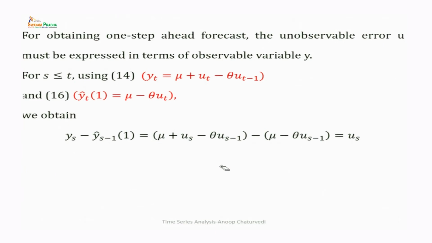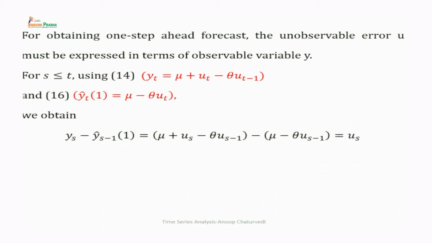Now, for obtaining the one step ahead forecast, the unobservable error u must be expressed in terms of the observable variable y, because in the MA(1) process you have expressed the forecasted value in terms of u t or u t plus 1, but these u's are unobservable errors. So, you must express these unobservable errors in terms of the observable variable y.